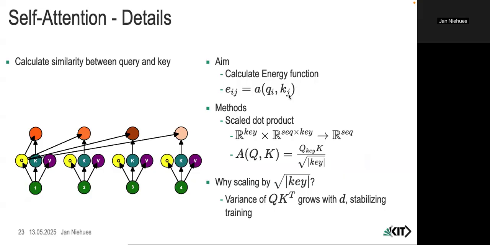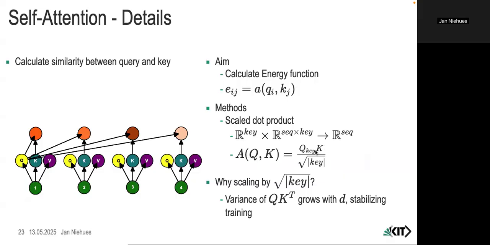So what you're really doing is just multiplying your query matrix with your key matrix, and then you're getting the activation. So it's a scaled dot product, query times key. They're all in parallel.